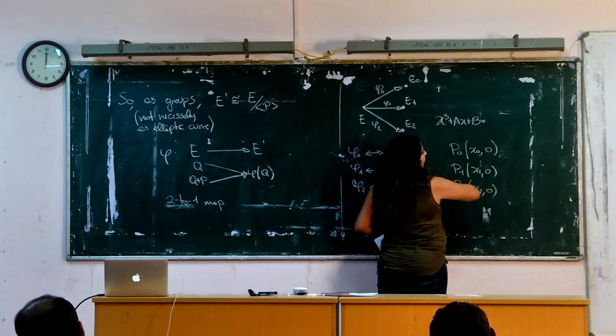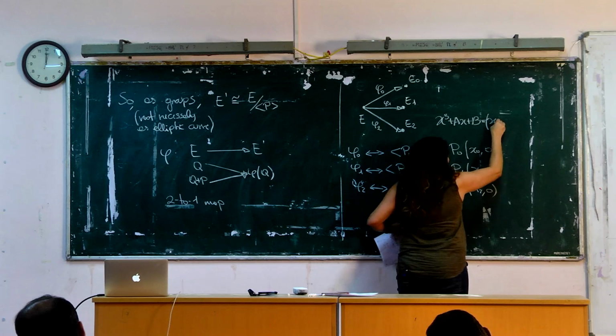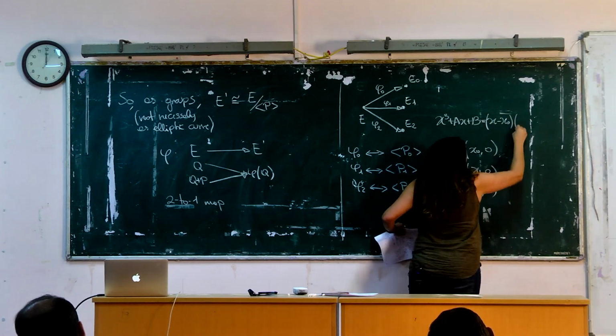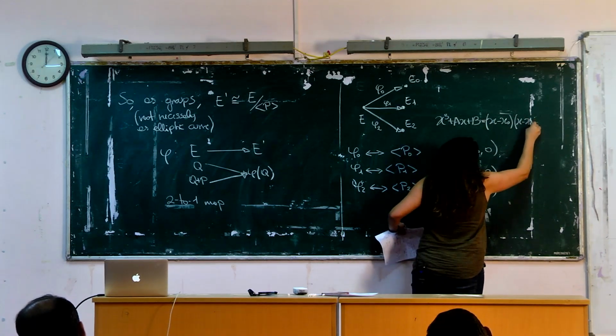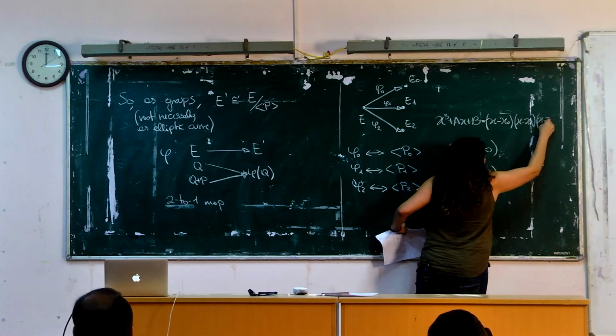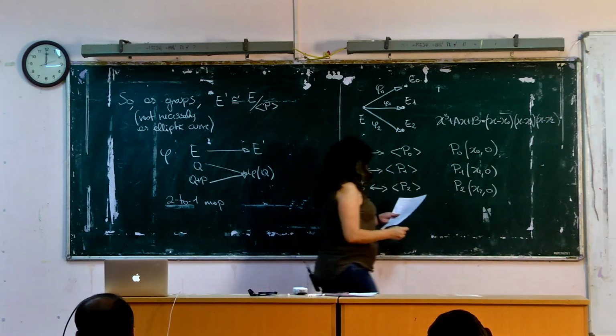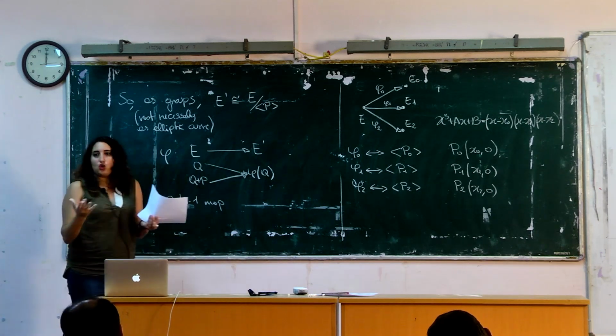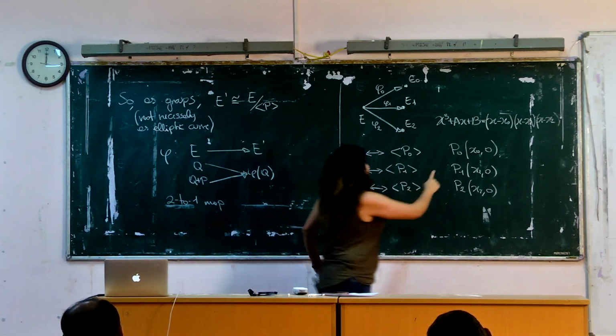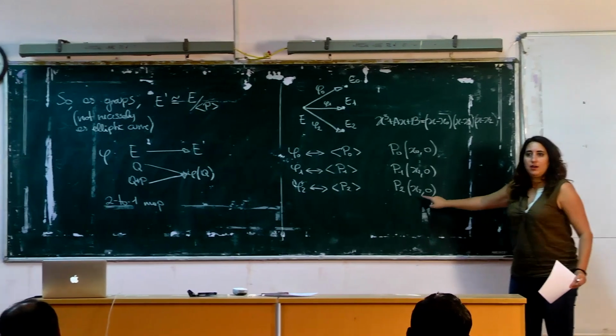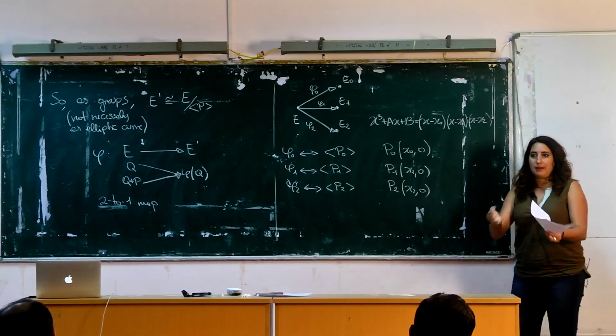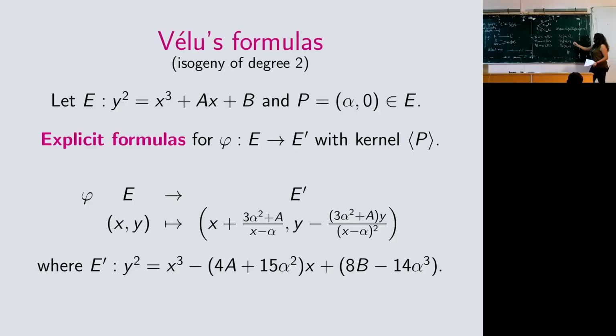It means that this factors as (x - x0)(x - x1)(x - x2). And you agree with me that I can find an ordering for these x-coordinates with some convention, okay? I can say that x0 is less than x1, which is less than x2. Some ordering.